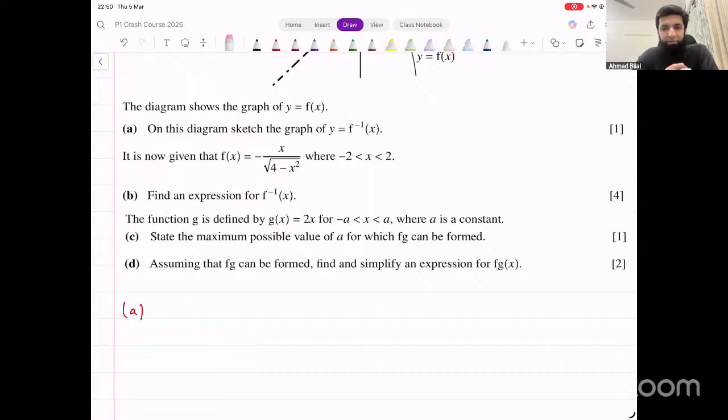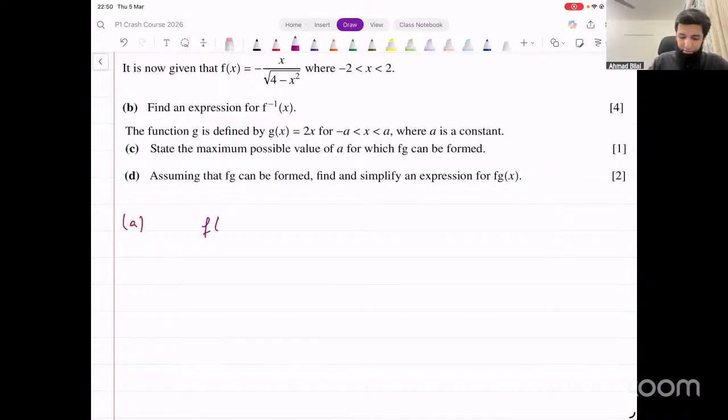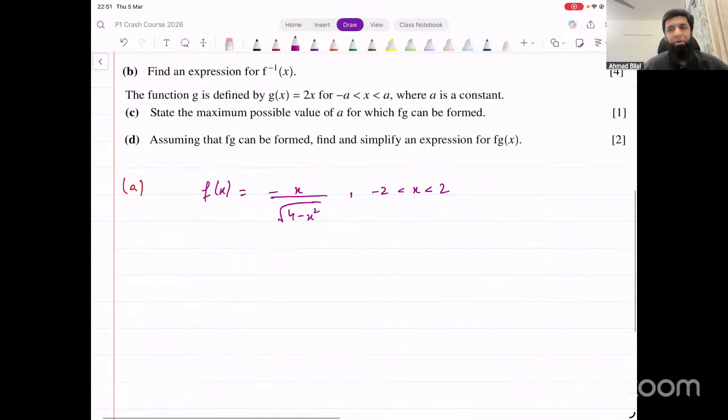Let's start with this. f of x equals minus x divided by square root of 4 minus x squared, right? That's the function f. The domain of this function is x between -2 and +2. That's the domain of the function.